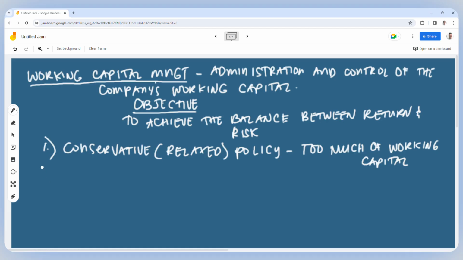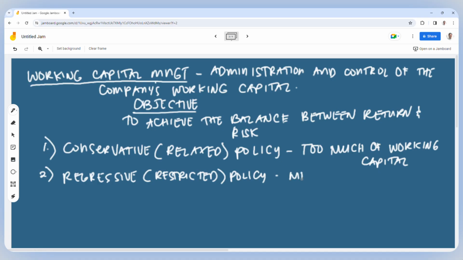You have also here number 2, yung tinatawag nating regressive, or restricted policy. Operations are conducted on a minimum amount of working capital.